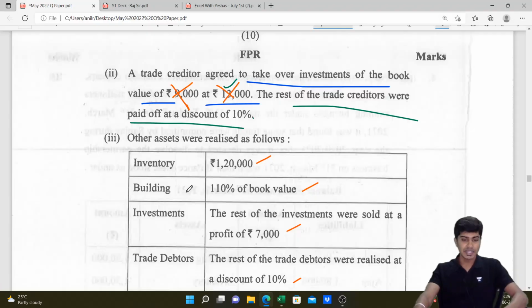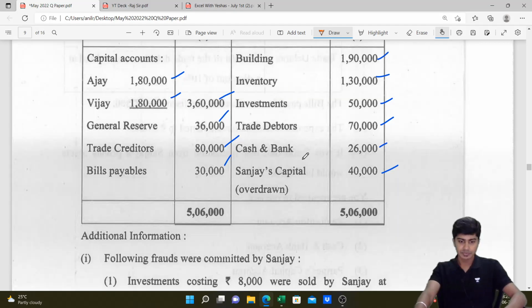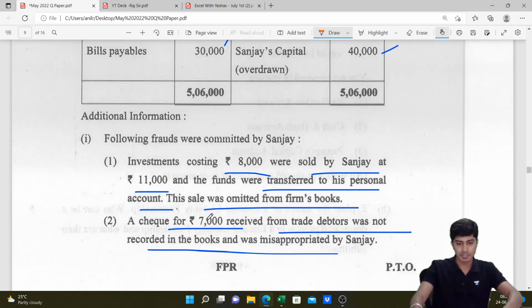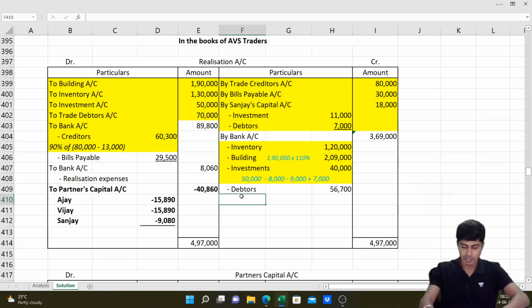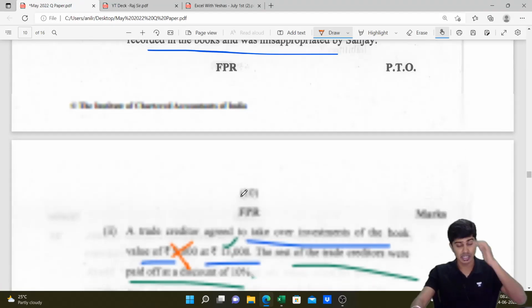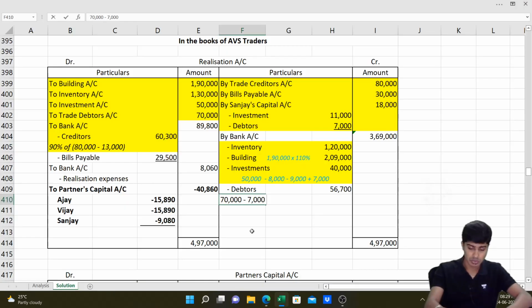Yeah. So then debtors. Debtors is how much? Debtors was 70,000, of which check is received for 7,000. So we'll write here 70,000 minus check received of 7,000, and they're telling the balance debtors are settled at what value? Settled at 10% discount. Okay, let's do this and do minus 10%.